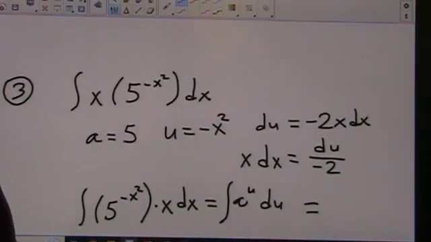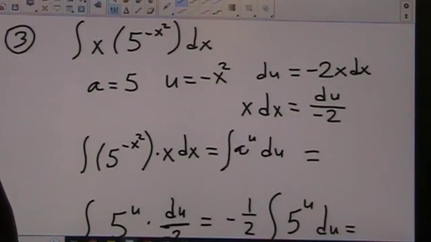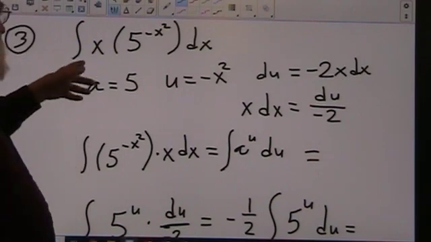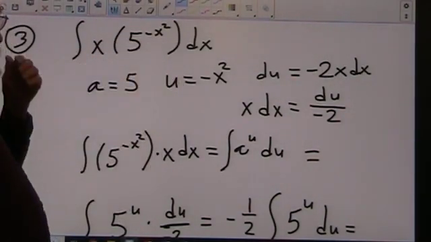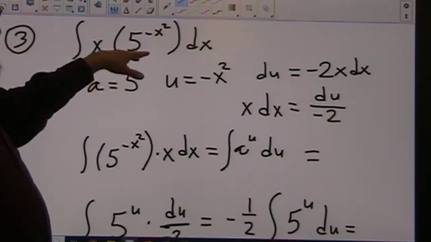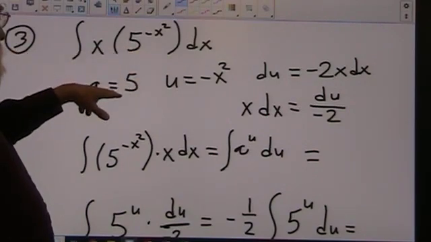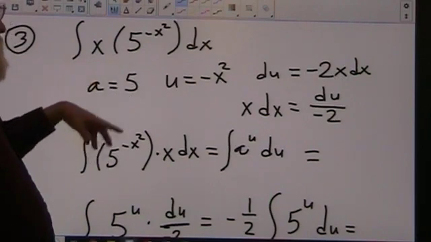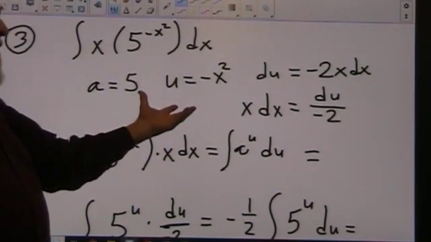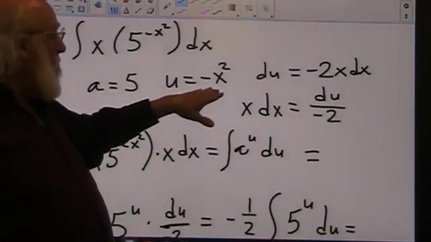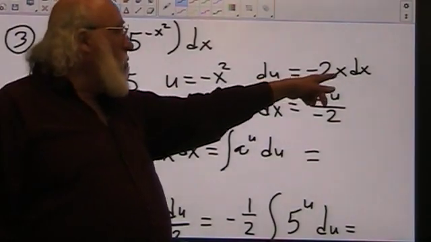So let's throw in a nice little complication here. Let's take the integration of x times 5 to the negative x squared dx. Now, we've got to figure out a way to get rid of this x here. 5 is our a, obviously. Now our u, instead of being x, is negative x squared. But when we take the derivative of that, that gives us negative 2x dx.